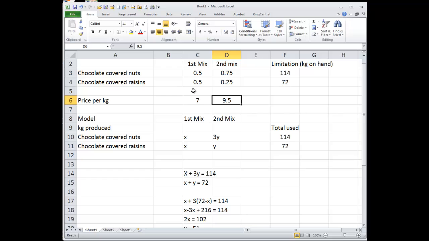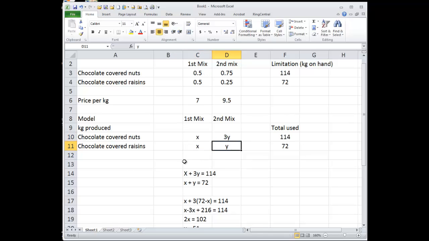And so these are the limits. If we put X and X here, we have equal amounts in the first mix, and here we see that we have 3 times the amount in the second mix.